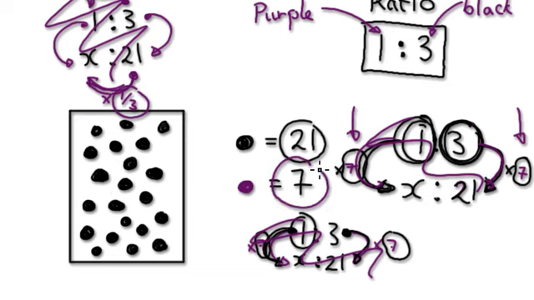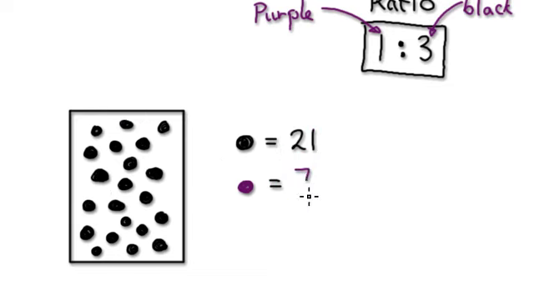But here the answer is 7. So that means that there must be 7 purple sweets. 1, 2, 3, 4, 5, 6, 7. So what that means is, look at this here: for every 1 purple sweet, there are 3 black sweets.